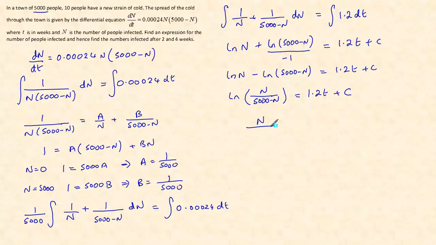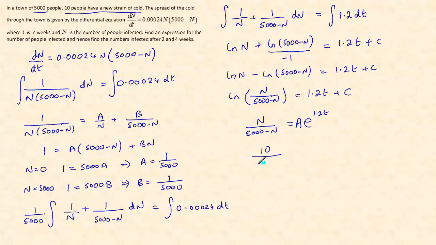So n over (5,000 − n) is e to the 1.2 t plus a constant, but we've seen how we can deal with this constant. Let's just make it an A here. Now we're told that when t is 0, n is equal to 10.